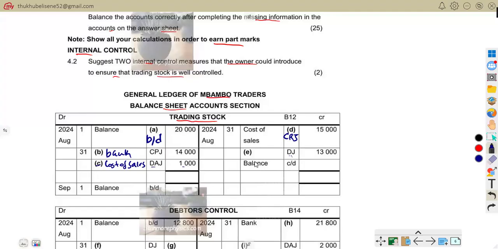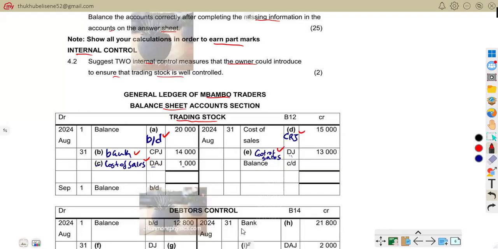So hence you're going to label it cost of sales here. Hope we are together on that. So these are the answers.